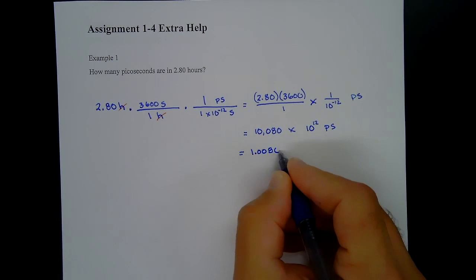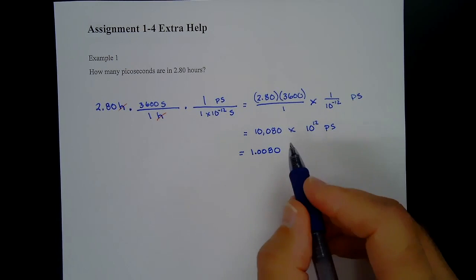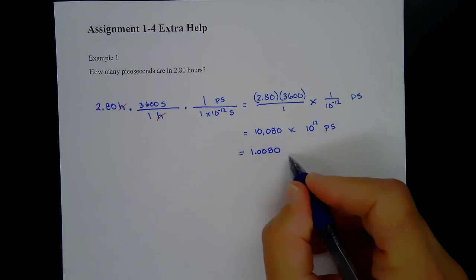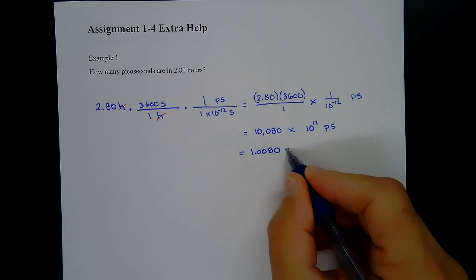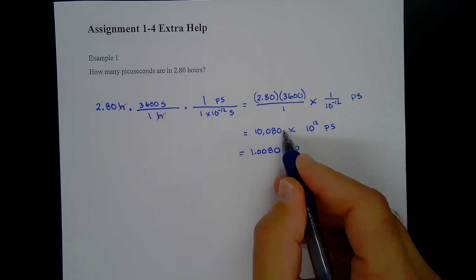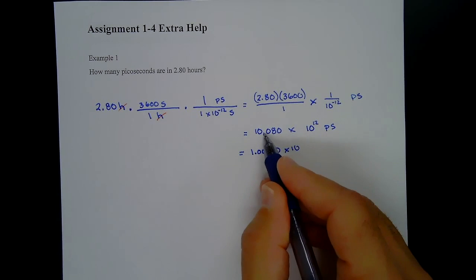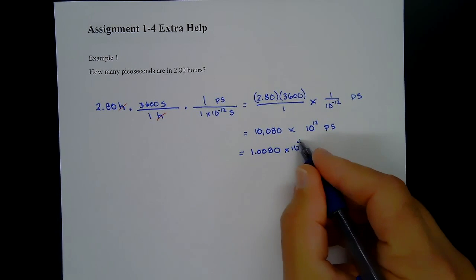Now we could get this back if we multiplied by 10 to the, and then we count 1, 2, 3, 4, 10 to the 4th.